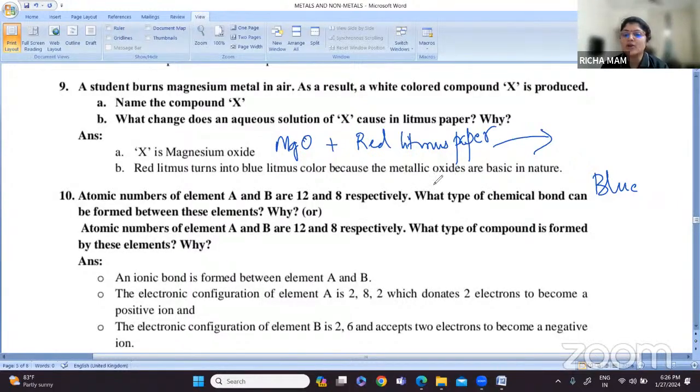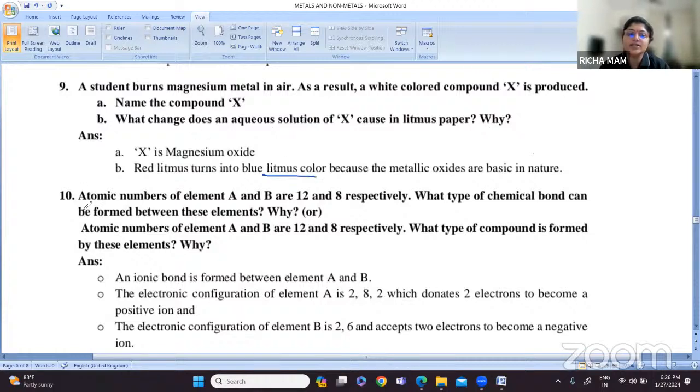Why? Because metallic oxides are basic in nature. MgO is a metallic oxide, because metal reacts with oxygen to give metallic oxide. This magnesium oxide is basic in nature, so red litmus paper turns blue.